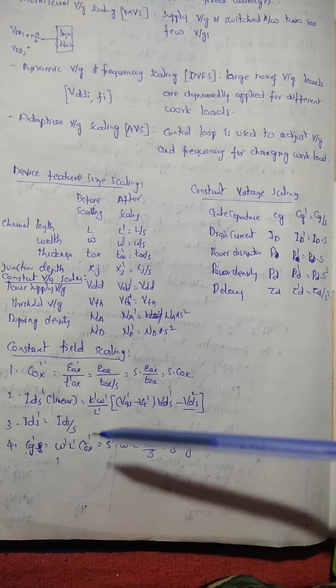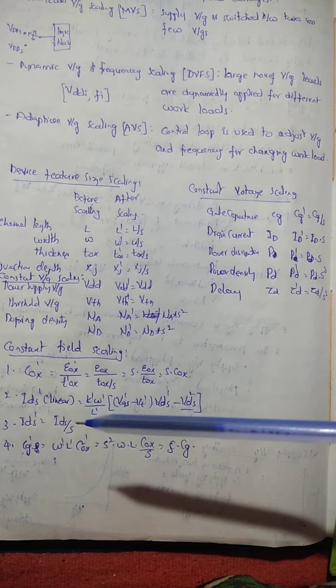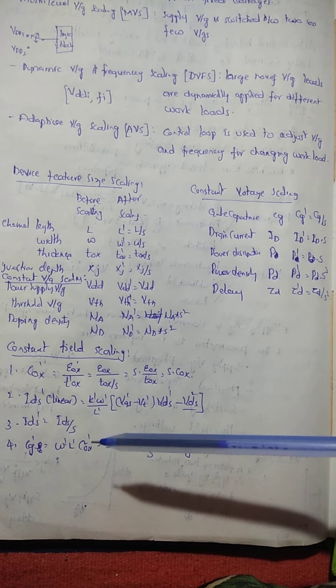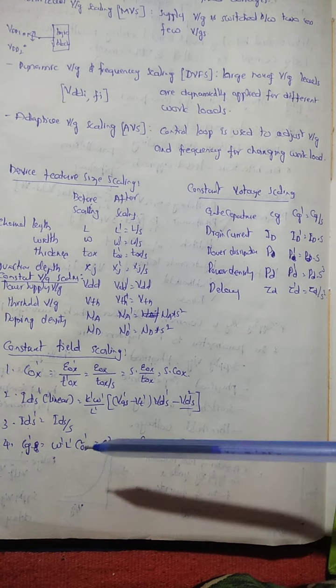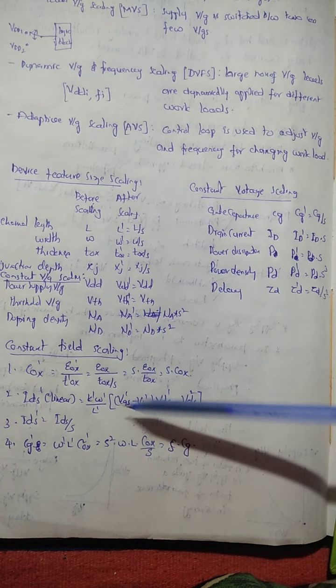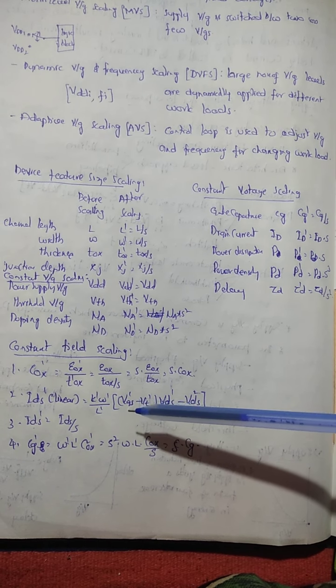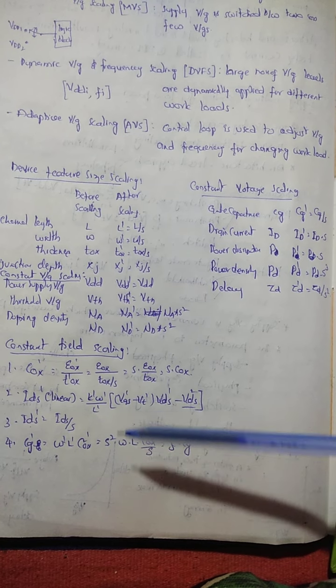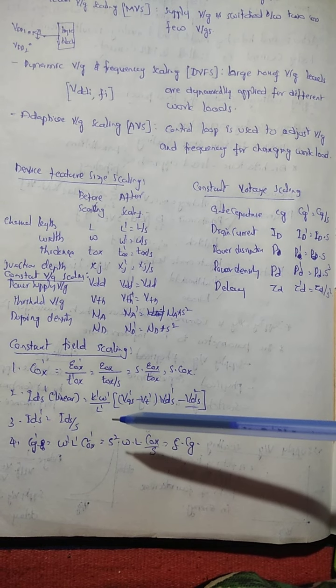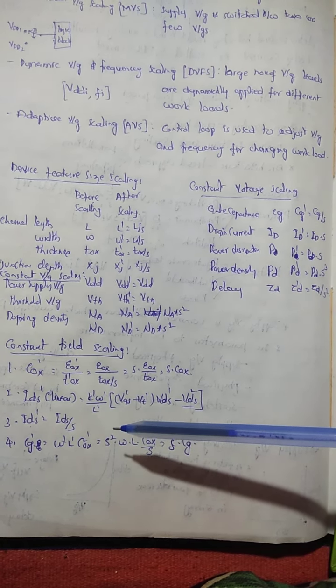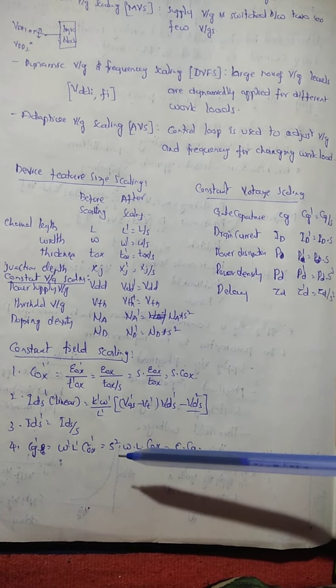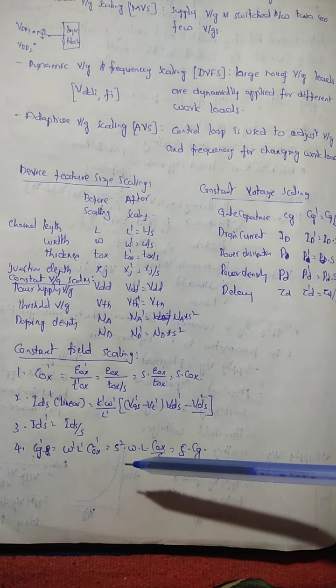So we are reducing length, width, thickness, junction depth, and the supply voltage becomes VDD divided by S. Of course, at that time the threshold voltage also becomes VT divided by S.